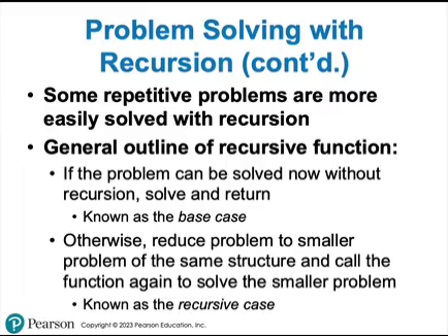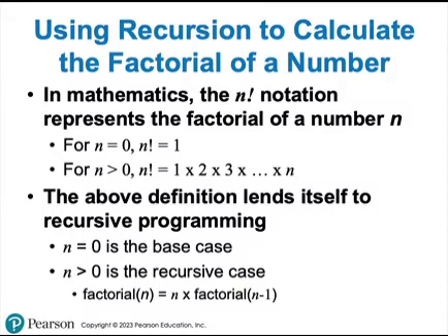And then all other cases will keep calling the recursive function over and over again until they get to that base case. So that base case would be where you simply return an answer or a value without recursing any further.